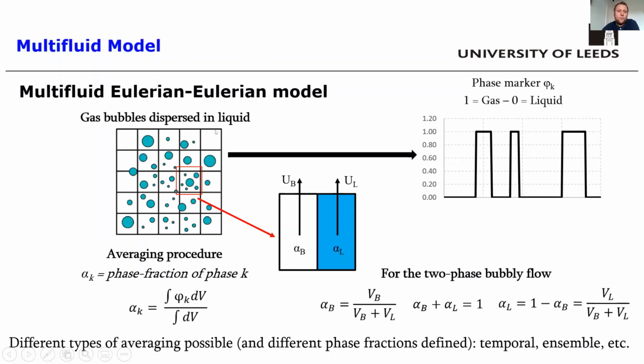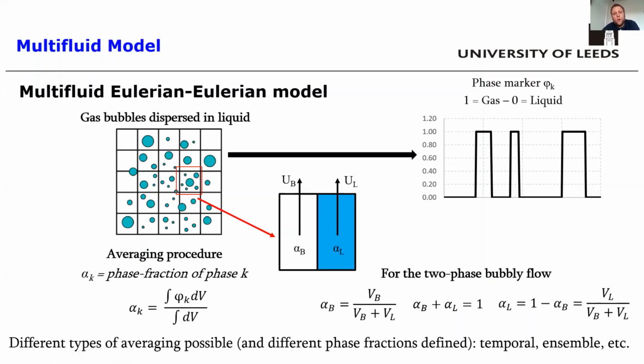If you consider gas bubbles dispersed in a liquid, as in this case, and imagine a phase marker function, which assumes the value 1 in gas and 0 in liquid, then if you fix a point in space and go through time, or go through space, that function will go from 0 to 1 depending on whether gas or liquid is present. So no other conditions are possible, because there are well-defined bubbles present.